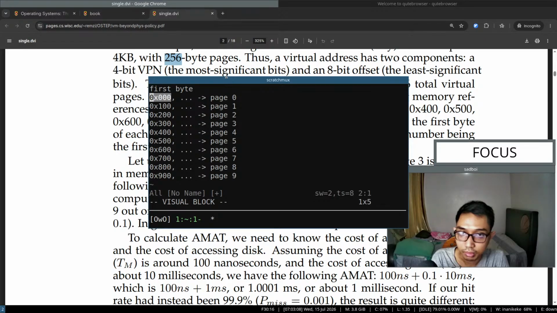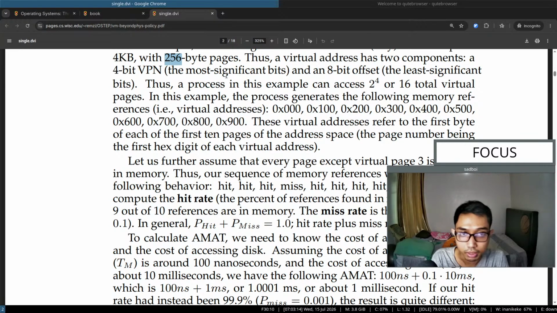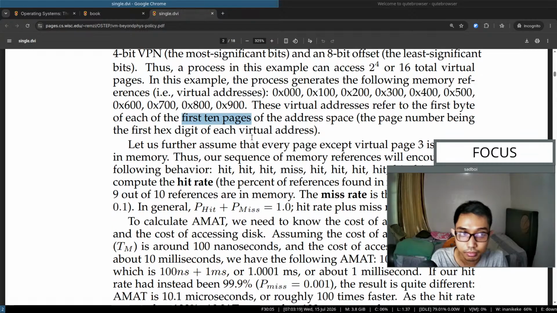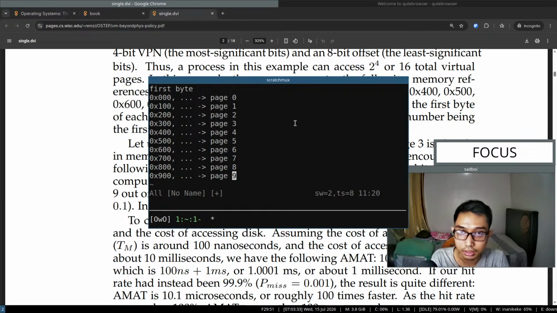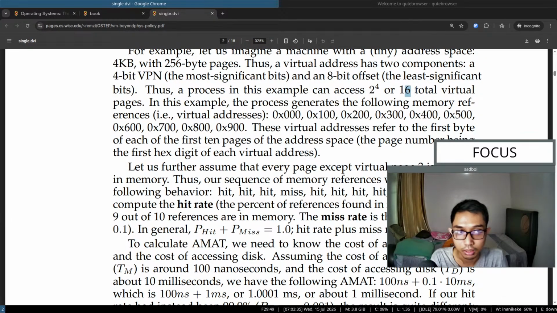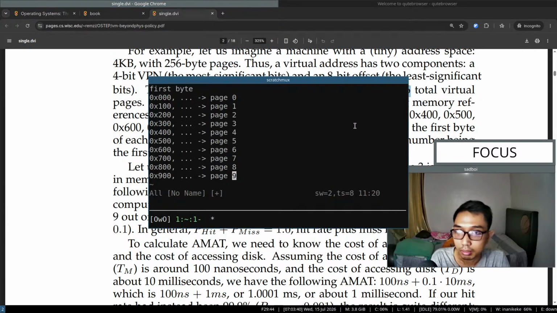This is just the first byte from each page, from the first 10 pages of the address space. But again, we still have 6 more, right? Because we have 16 pages here.